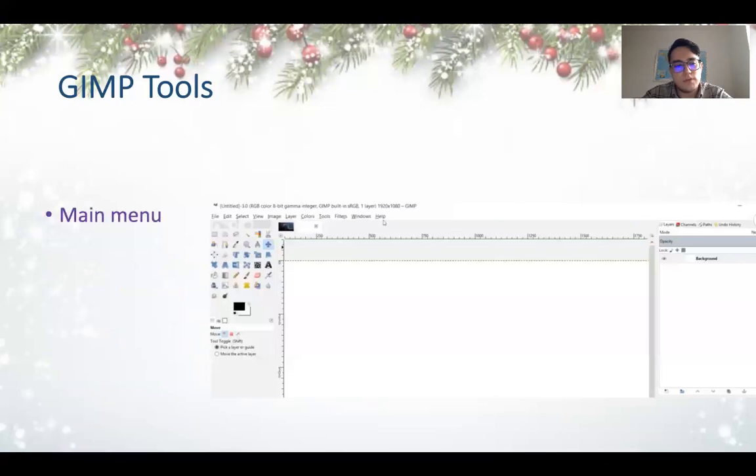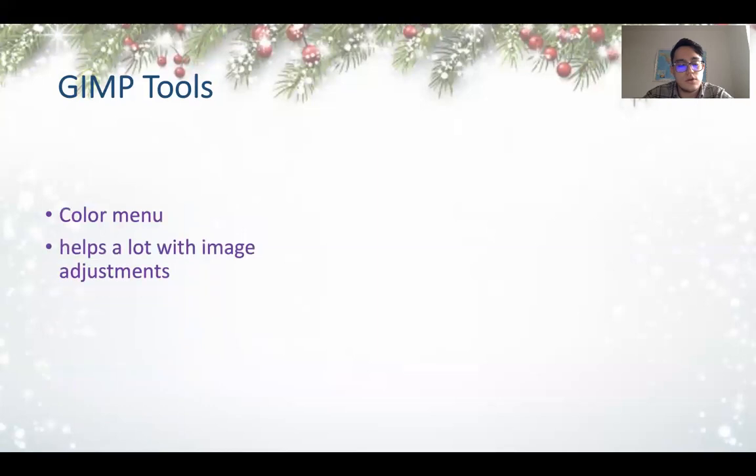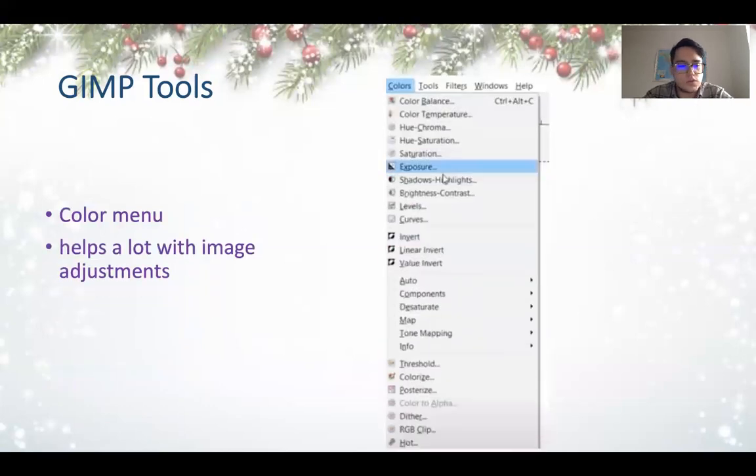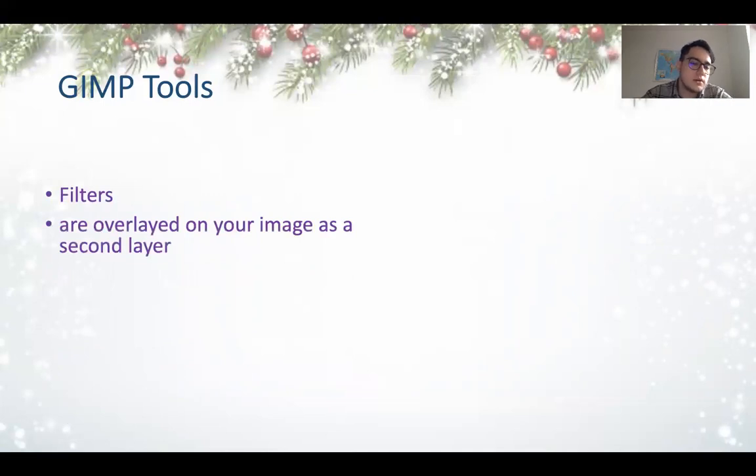Now, the main menu. Two of the most important ones are colors and filters. So here we have the main menu, in which the color menu and filter menu are important ones. The color menu helps a lot with adjusting images. And filters are overlaid on your image as a second layer.